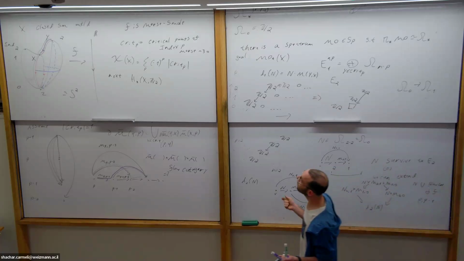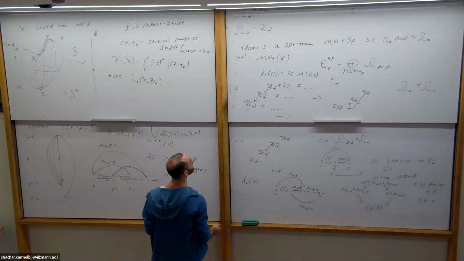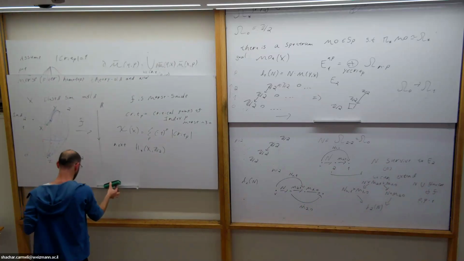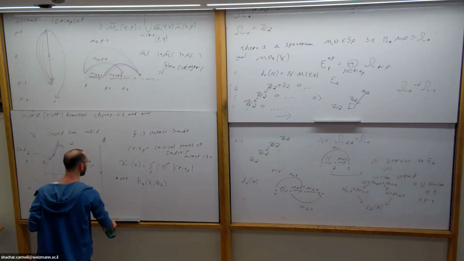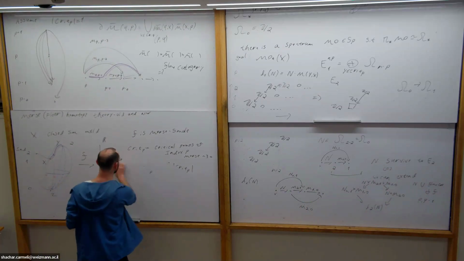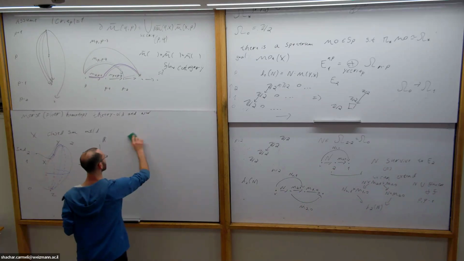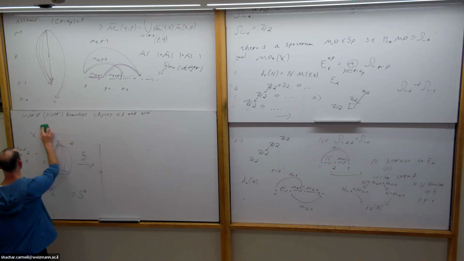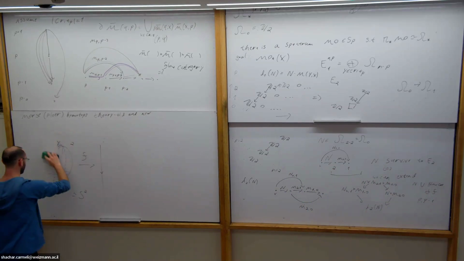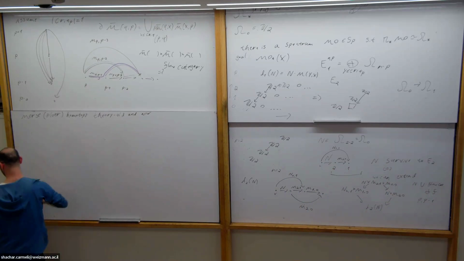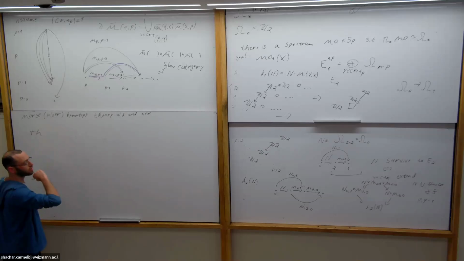So if we try to give a general statement, let's try to find it. In general, we have that. Theorem, up to the fact that I didn't define half of the things precisely.